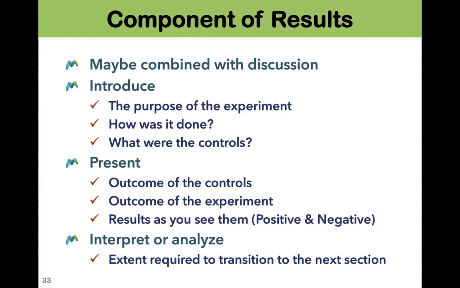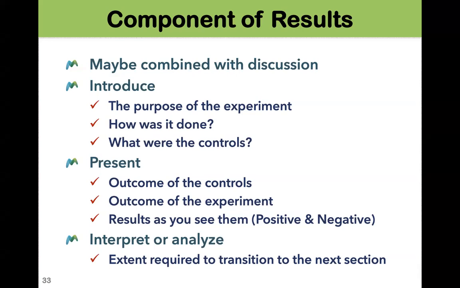You start with the purpose, how it was done, and what you were using as controls, because you can say I simulated this, or I did this, this is the data I found, but what are you comparing to? What is your control? How do you know that everything you did should give what you're getting? So you always have to run a known system to make sure your code or your process is reproducible, right?